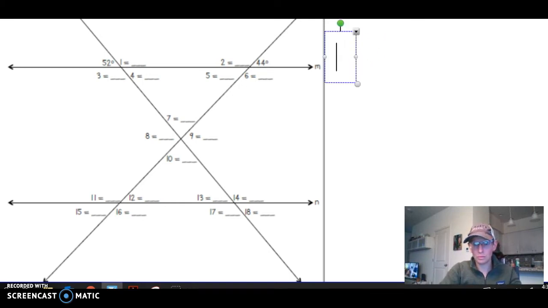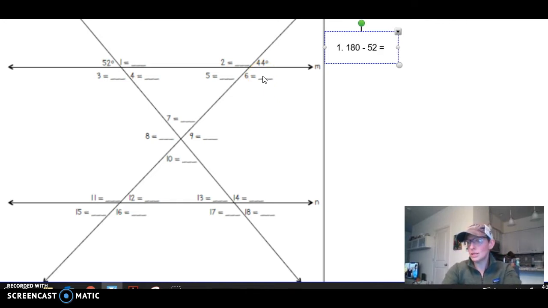For angle 1, I know that I have 180 degrees as a straight line. So I'm going to take away the 52 degree angle here and see what's left over, because that's going to be angle 1. So 180 minus 52, if I do that on my little scratch piece of paper, I'm left with an angle that's 128 degrees.